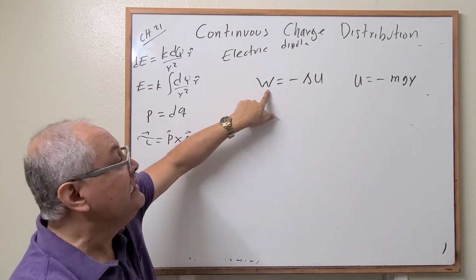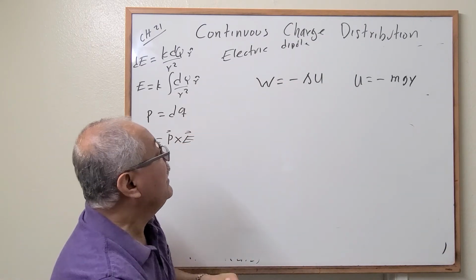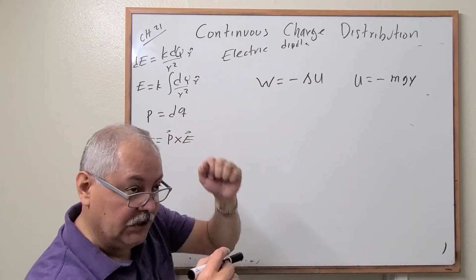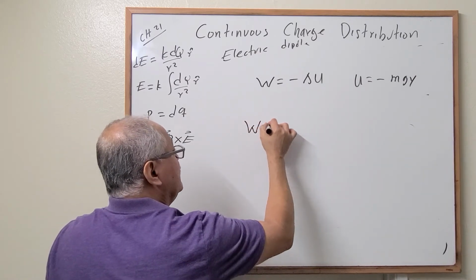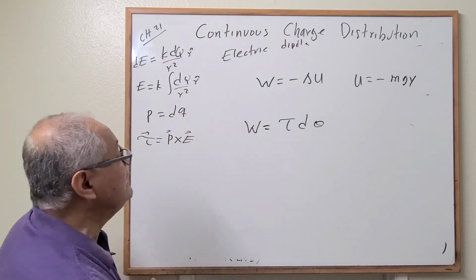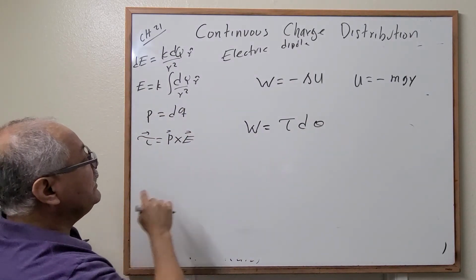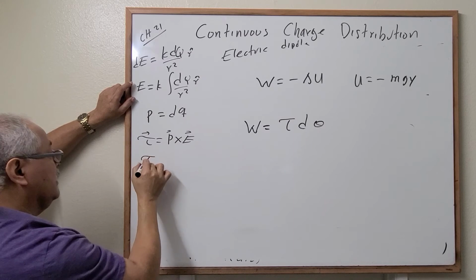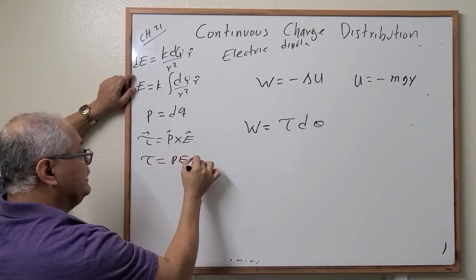Perfect. Now let's find the work again when we have the rotation. So work for this rotation is equal to torque times d theta. But what is torque? Torque is equal to what? P E, right, sine theta.